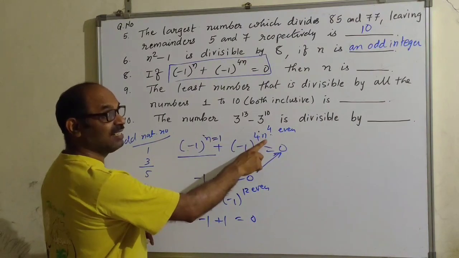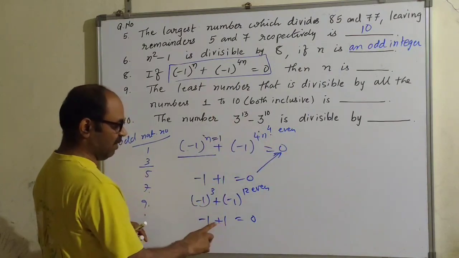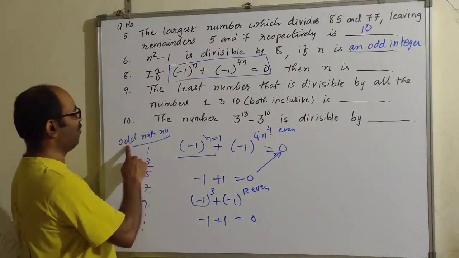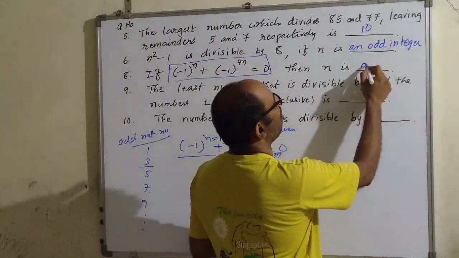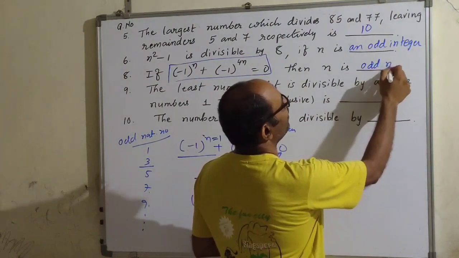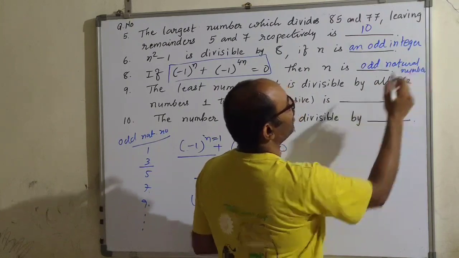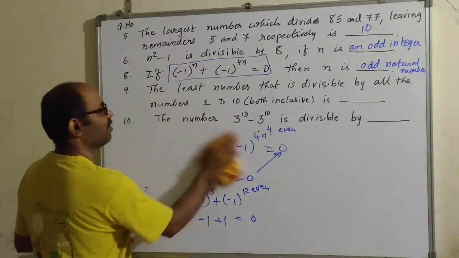Now 4 nines are 36. 36 is an even index, so minus 1 raised to 36 is plus 1. So minus 1 plus 1 will be 0. So for every odd natural number n, is that clear to you? For that, this equation is satisfied.